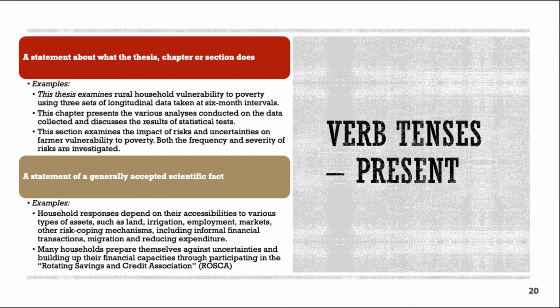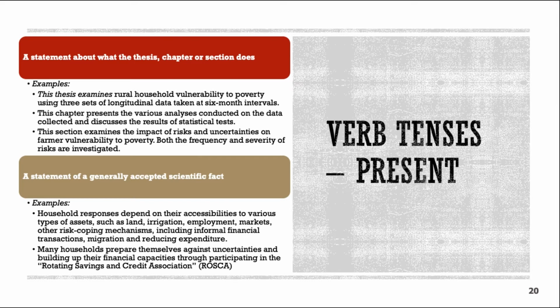Also, a statement of a generally accepted scientific fact. When there is a generally accepted scientific fact, it doesn't need a citation, actually. Also, we use the present tense. For example, household responses depend on their accessibility to various types of assets, such as land, irrigation, employment, market, or other risk coping mechanisms, including informal financial transactions and so on.